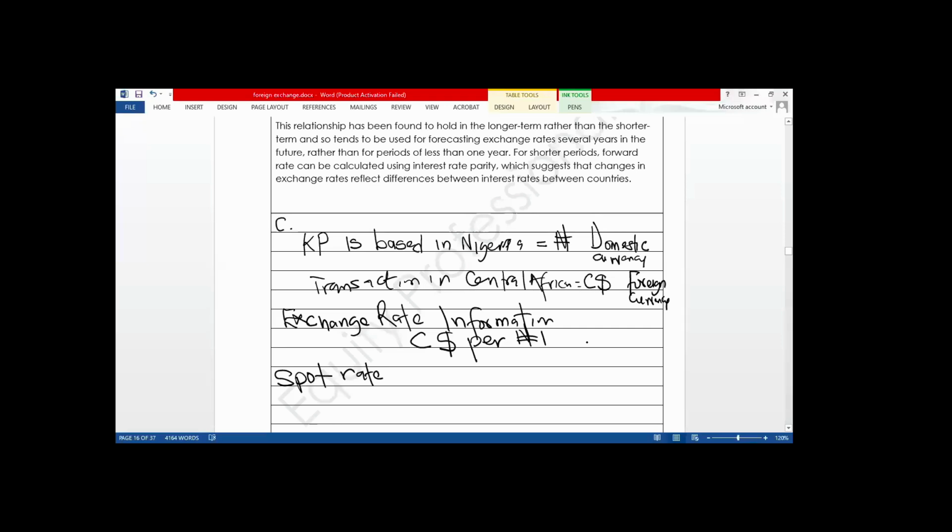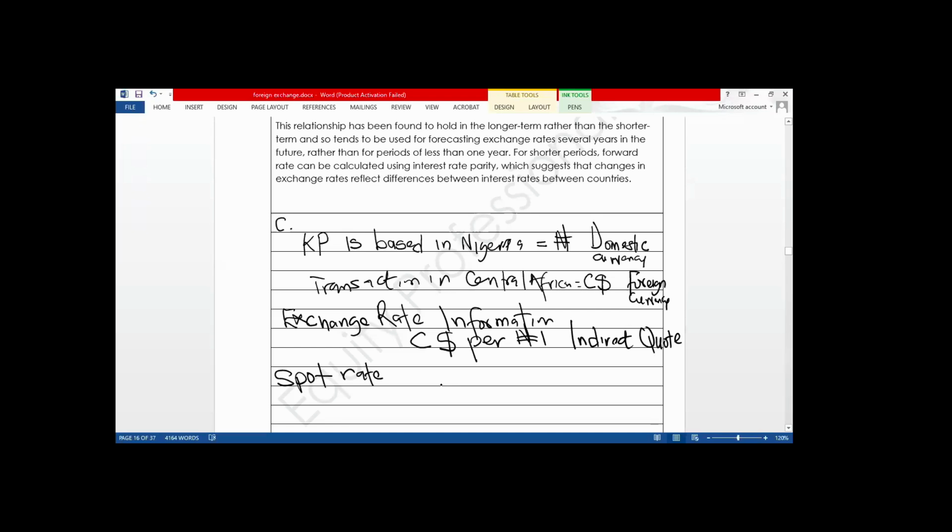Foreign currency per 1 domestic currency. Please, you must first identify the type of quote you are given. In this particular question, we are given an indirect quote.